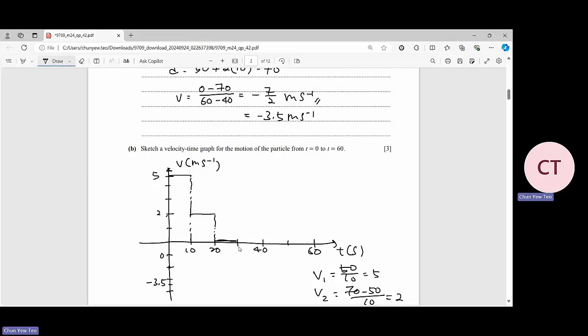This one will be for 20 seconds. And this one will be from here to here. Oops. Erase this. Okay, so this is the graph.